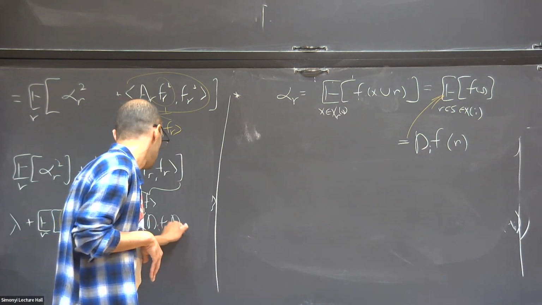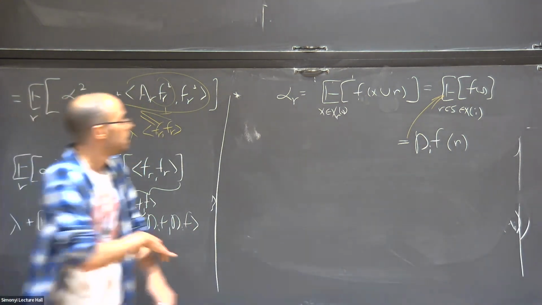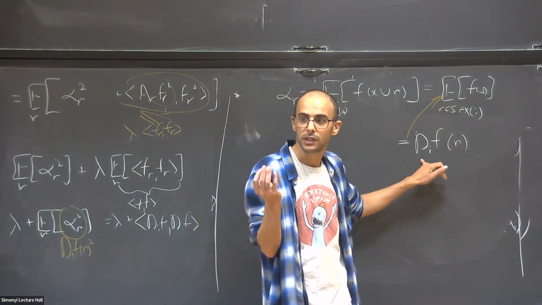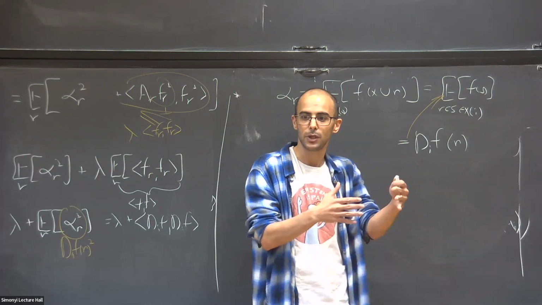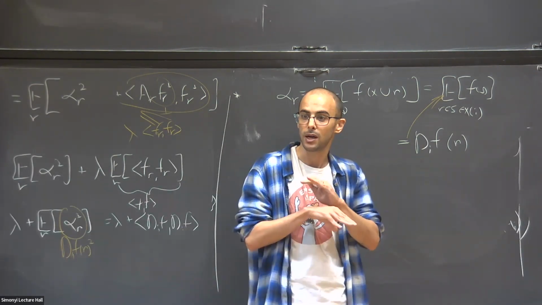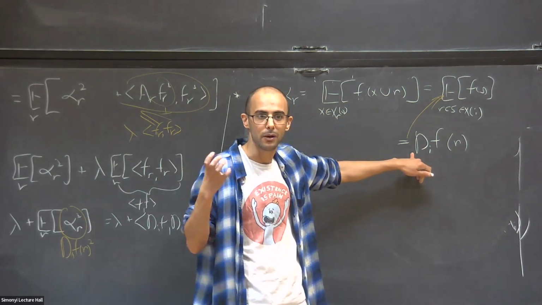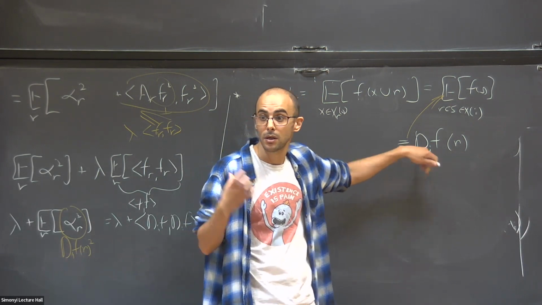So it turns out that because this DI is doing an average downwards, this really captures the projection of the function to the constants after I localize to the link. So this is a reinterpretation of what this down operator means.